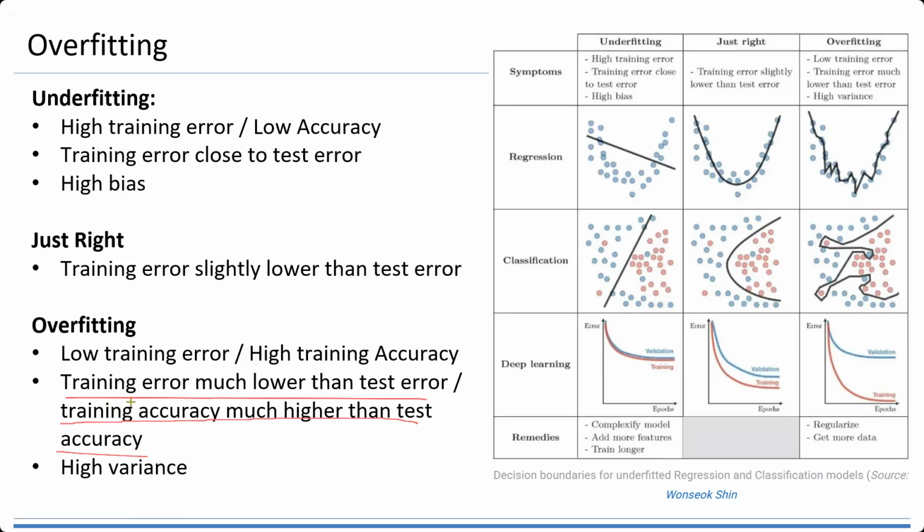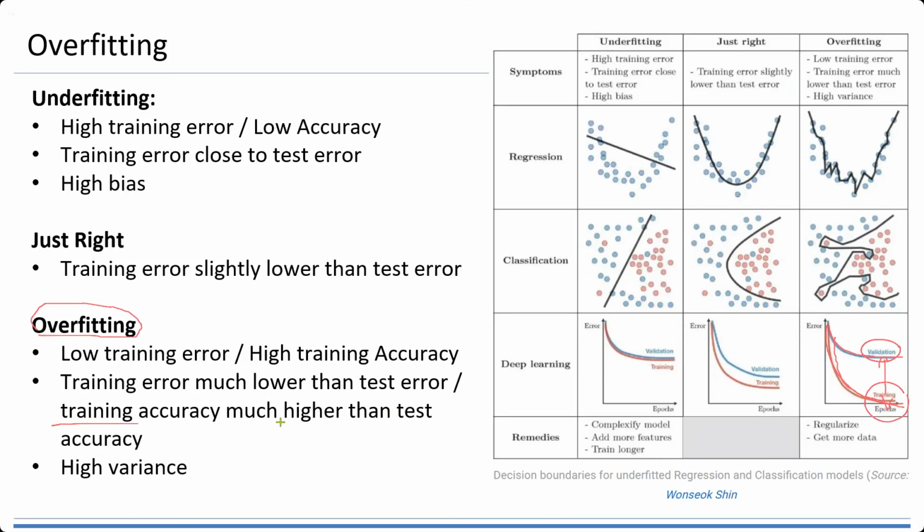If the training error, you can see from here, is much lower than the testing error, it means the performance on the training data is very good, but the performance on the testing data is very bad. So if there is a big gap between the result on the training data and the testing data, then there might be a problem of overfitting.